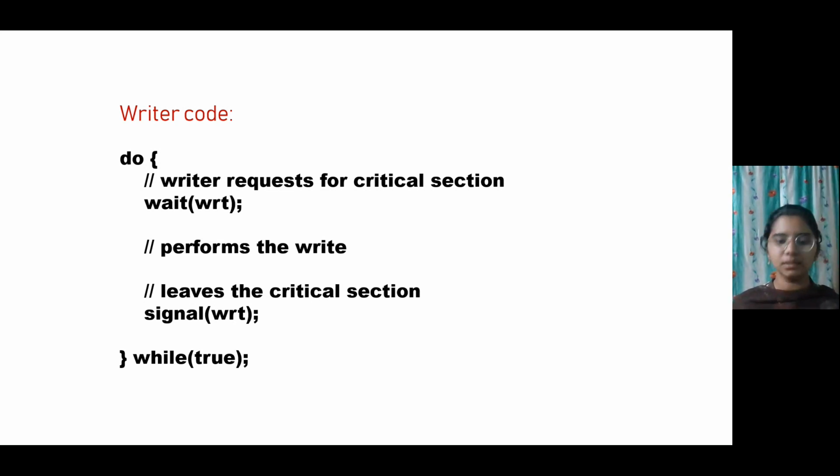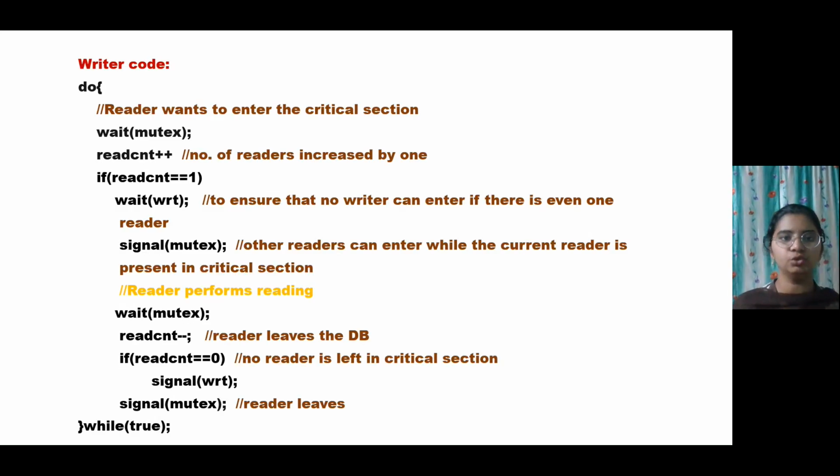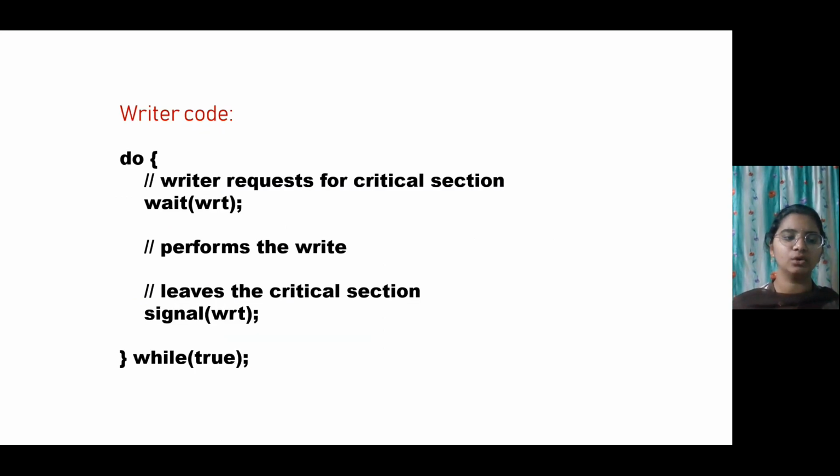If another process also requests the shared database, and let's assume that process is a reader process, then whenever the reader process wants to enter, it should get hold of the write variable. But in the writer code, the writer process already got hold of the write semaphore.